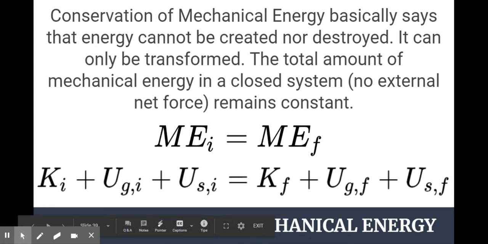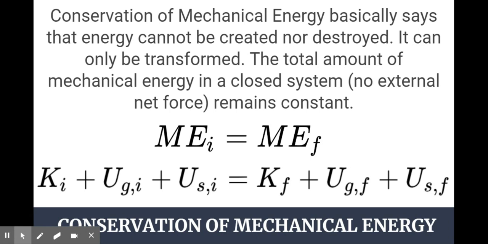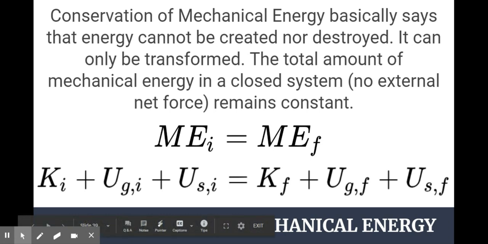So here we've got our initial mechanical energy is equal to our final mechanical energy. So what I do is I substitute all the different types of mechanical energy, the initial forms of it, and set that equal to the final form of all the different types of mechanical energy.